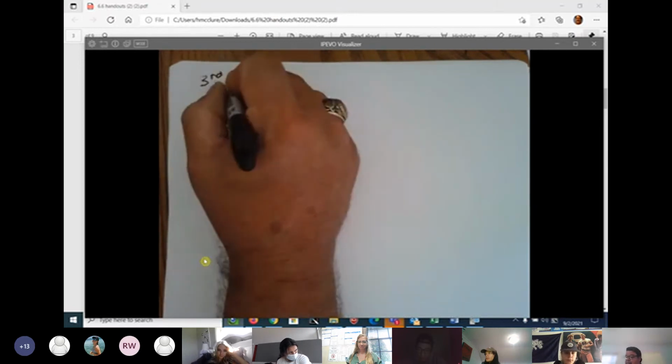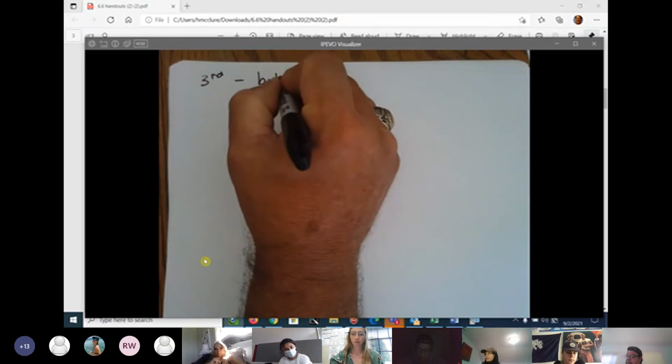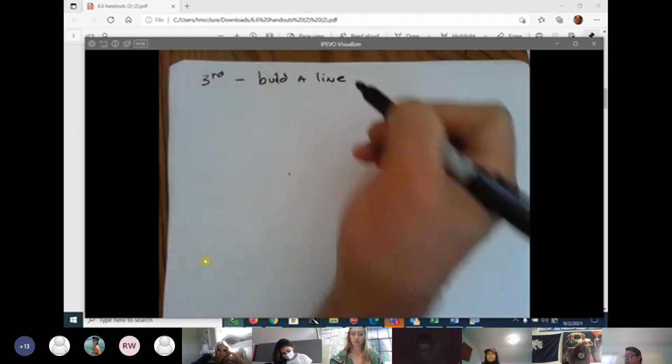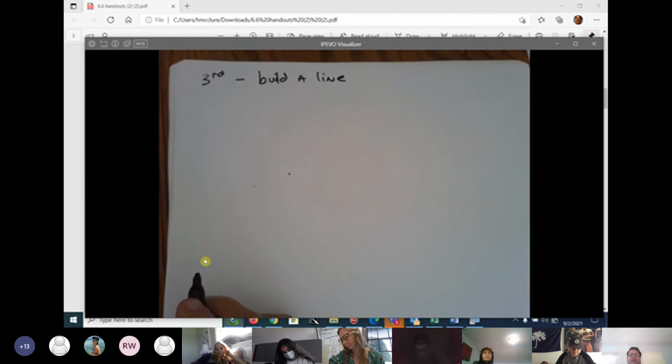Third method is called building a line. It's usually used for fractions, although you could use method 1 for fractions if you use multiples of the denominator.